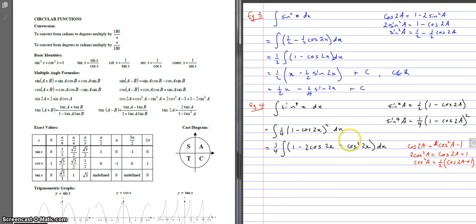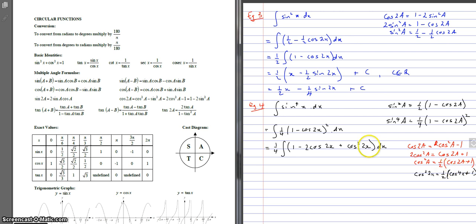So if we apply that to what we've got here, cos squared 2x will be equal to 1/2 times cos 4x plus 1, because the angle is doubled, we have to double that to 4x.